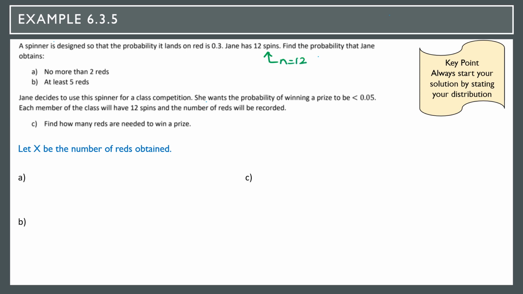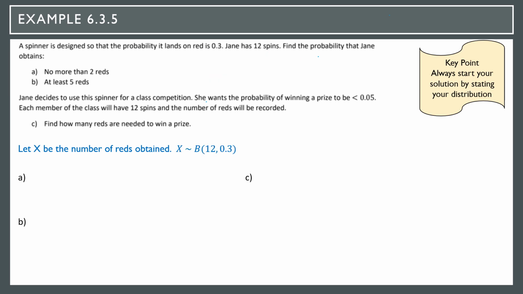Our events are independent, as the first spin has no influence over the second, the third, the fourth, etc. We do have 2 possible outcomes for this experiment, so success would be us landing on a red, and therefore failure is us not landing on a red. Then finally, we also have a fixed probability of success, as we are told that the probability of landing on a red is 0.3, so p is equal to 0.3.